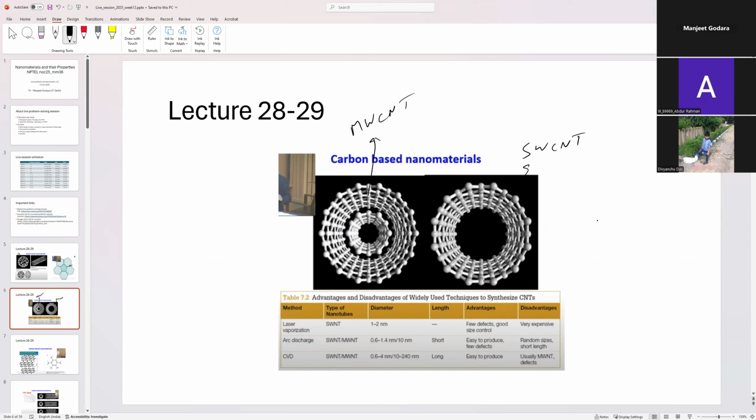There are different techniques to grow these CNTs: laser vaporization, arc discharge, CVD. With laser vaporization, you can get single wall nanotubes, 2 nanometer diameter. They're really good, uniform size and very low defect. But this process is quite expensive.